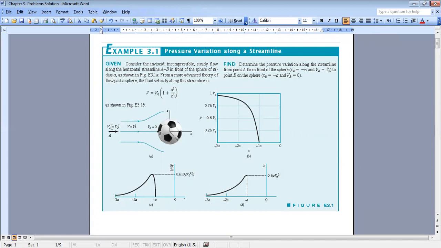If I choose the boundary at A, so if I say at XA equals minus infinity, what is my pressure? What should be the pressure at infinity, very far from the sphere?